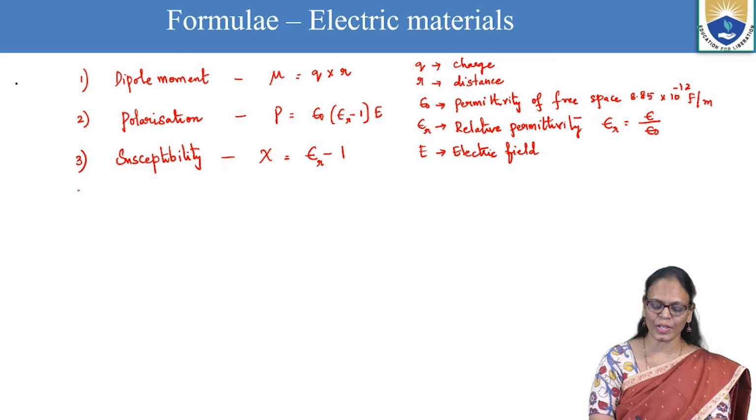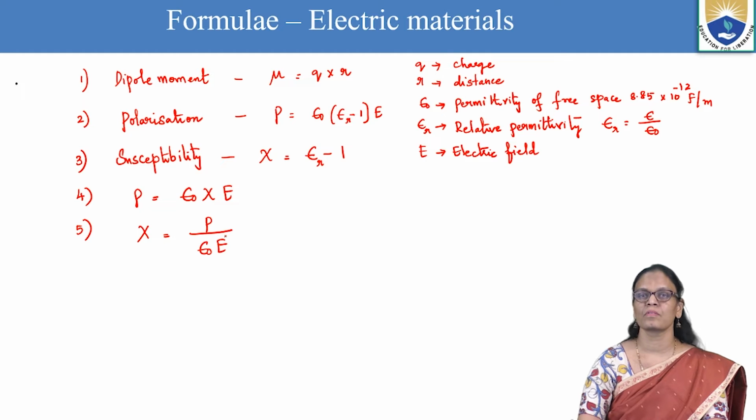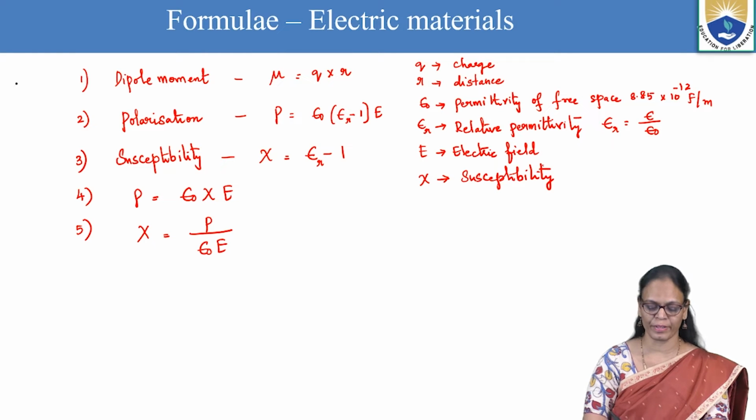So using this we can also write the formula for P as epsilon naught into chi E. So this implies chi can also be written as P upon epsilon naught E. So chi here represents the susceptibility of the given medium.